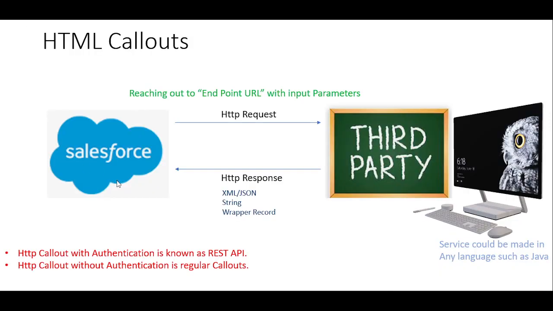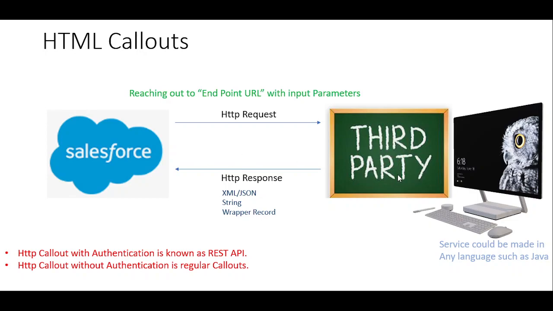To learn HTTP callouts, I have prepared this diagram where Salesforce interacts with a third party. The third party as your client can be any software made in Java or any other language, or we can even use a third party like Google APIs, or any website which gives you information based on the request you send.